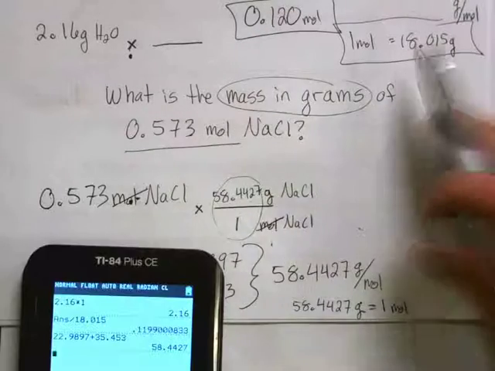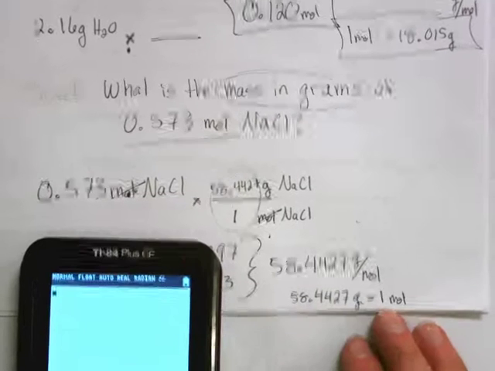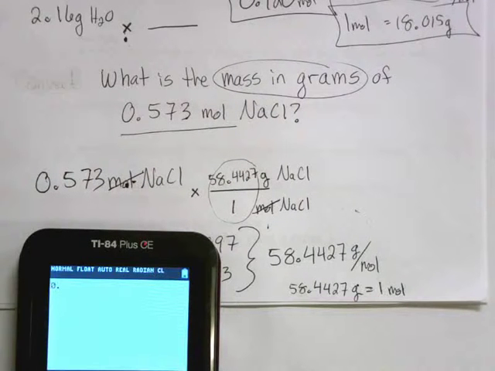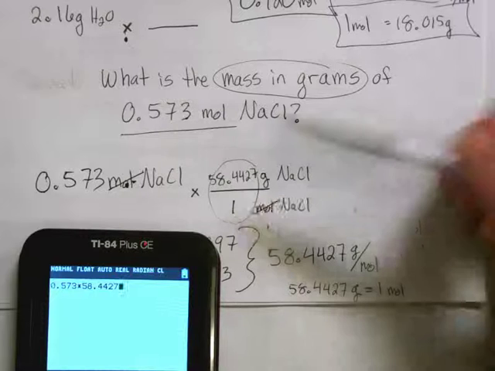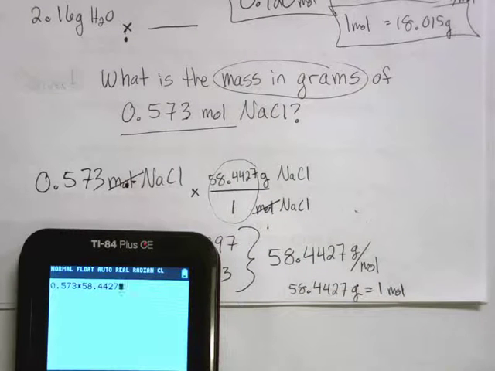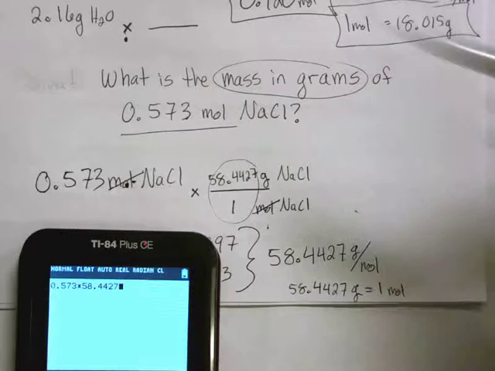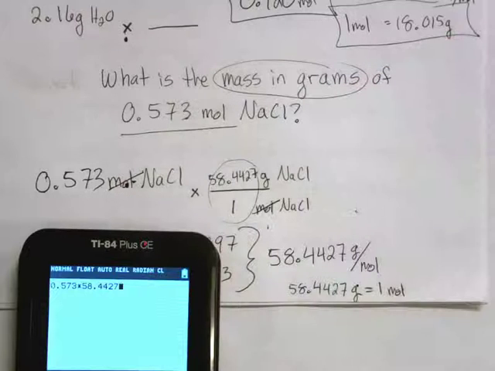Because both of these numbers are on the top, I'm going to times them in my calculator. So 0.573 times 58.4427. I could divide by 1 because it goes down, but anything divided by 1 is going to be itself.